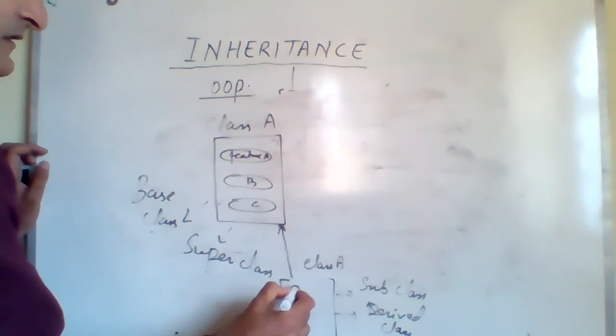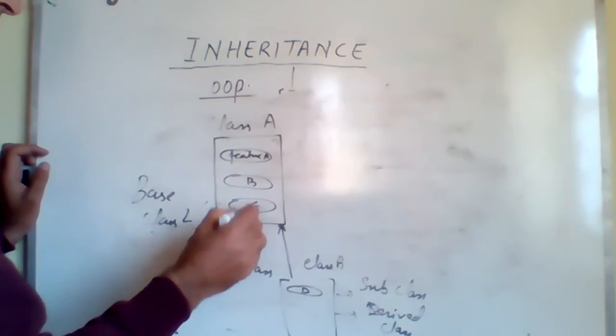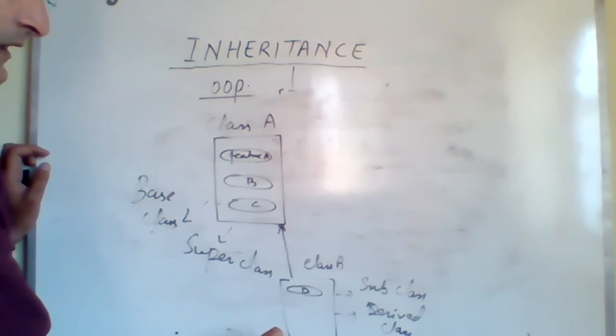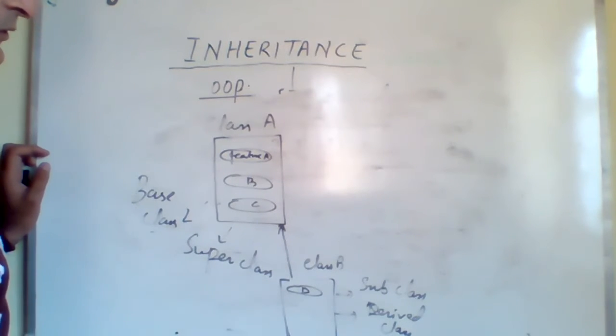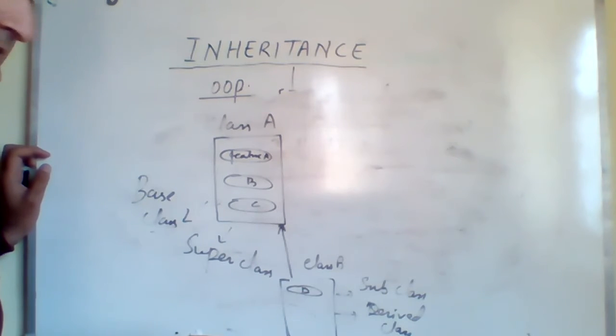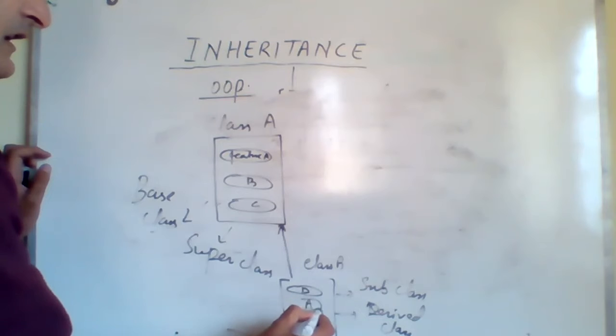For example, this class has its own features as D. If it is inheriting all the features of class A, we can get a new look of class B: the features already existing in class B plus the features of the class from which it is inheriting.